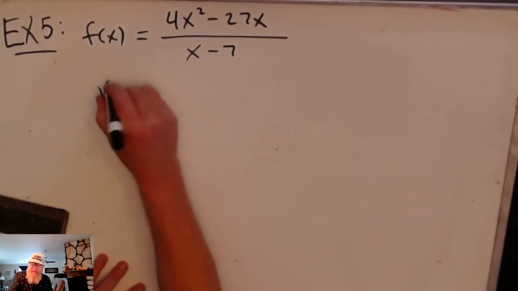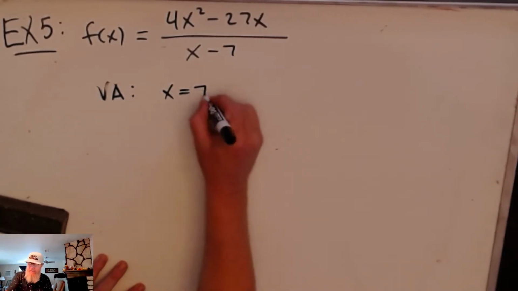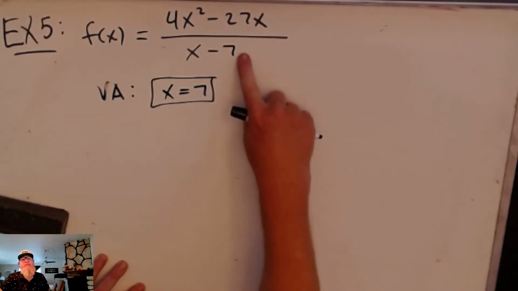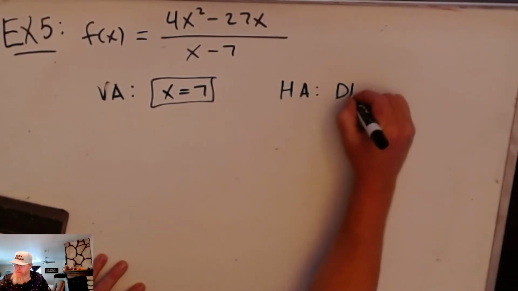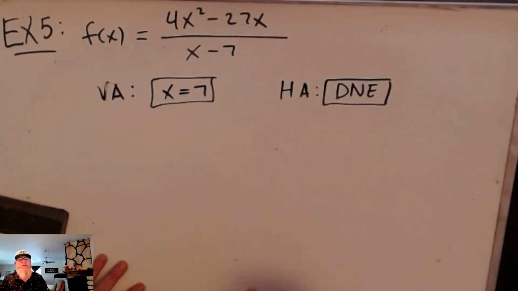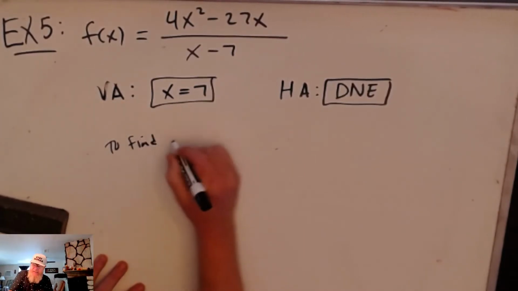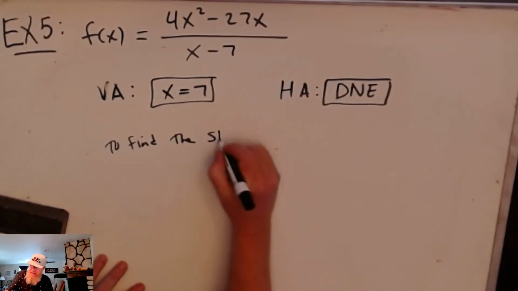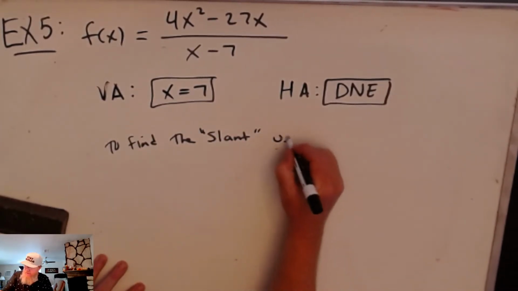So there is a VA. The VA is pretty straightforward. It's x is equal to 7. So there's still a vertical asymptote, but there is no horizontal asymptote. Horizontal is DNE because the numerator is larger than the denominator. So to find the slant, use long division.